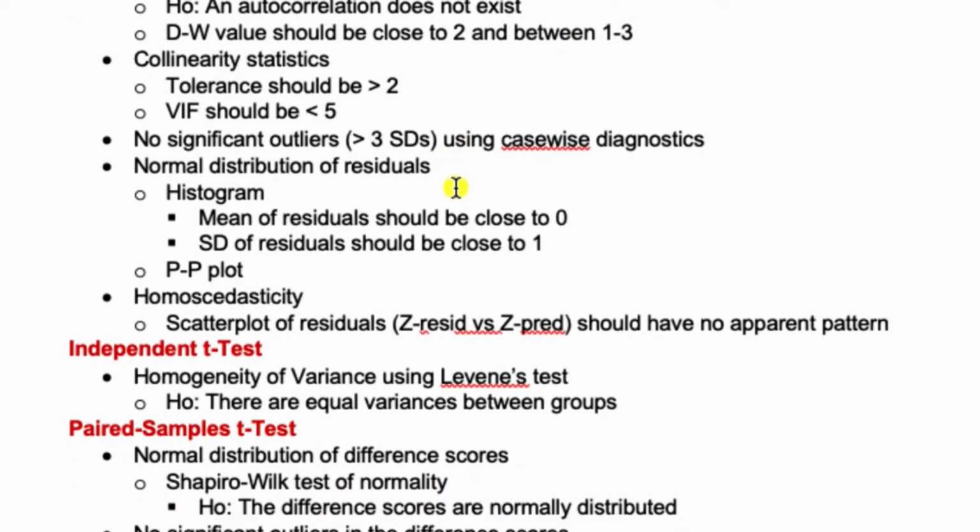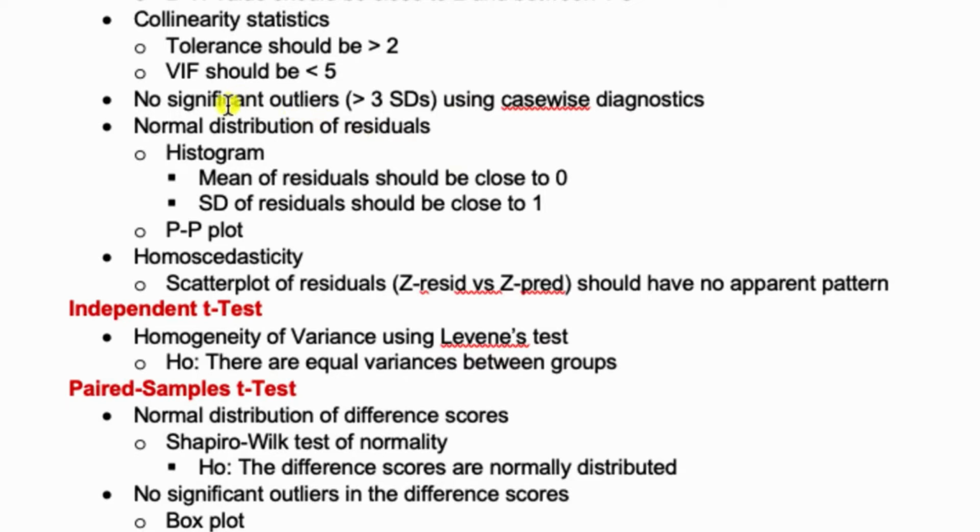We had to look at collinearity statistics, as well as if we had outliers, specifically for our residuals, as well as if our residuals were normally distributed. And then, oh, I'm sorry, this one is no significant outliers for our ratio variables that we measured.